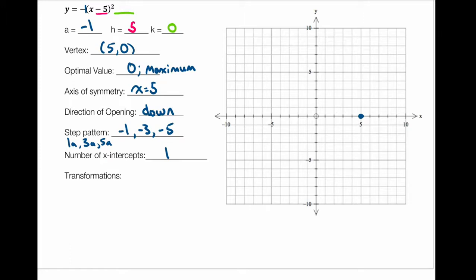So it's only going to be one x-intercept. For the transformations, my a value is negative, so that means everything's going to be flipped. The h value is positive 5, so it shifts right 5. The k value is 0, so nothing happens with the k value.